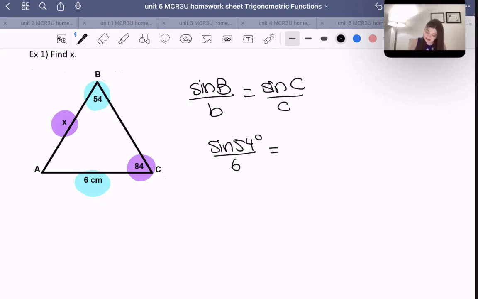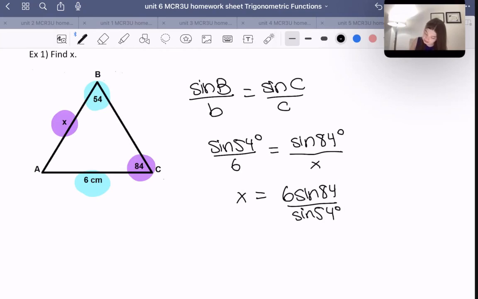Sine C is sine of 84 degrees over side C, which is x. Now I'm going to cross multiply and change some things around in order to get x equals 6 sine 84 over sine 54.